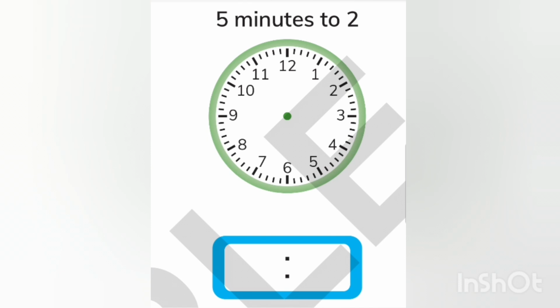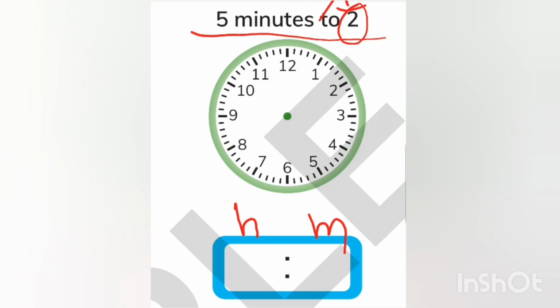Now this is 5 minutes to 10, oh sorry, I'm very sorry, 5 minutes to 2. So what does it mean? 5 minutes to 2 means that there is no 2 o'clock, there is 1. This is hour, this is minute.